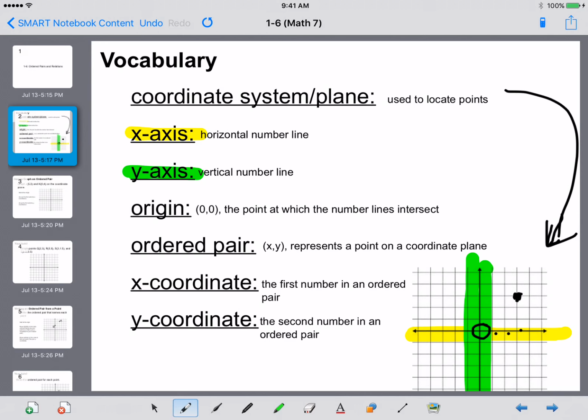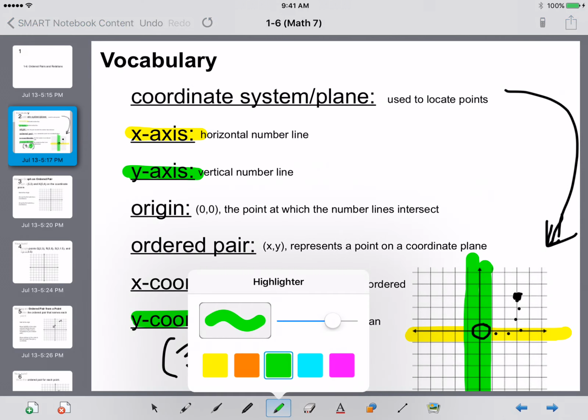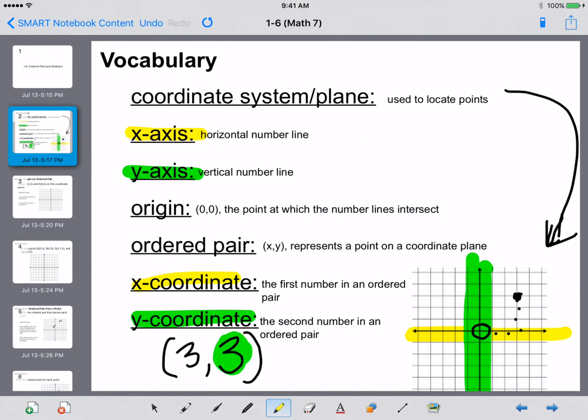It's at 3 on the x-axis, and then it goes up 1, 2, 3 from the origin. So it's at 3 on the y-axis. Our y-coordinate is 3, as well as our x-coordinate being 3. X comes first in the alphabet, so x goes before y. That's how I remember that.